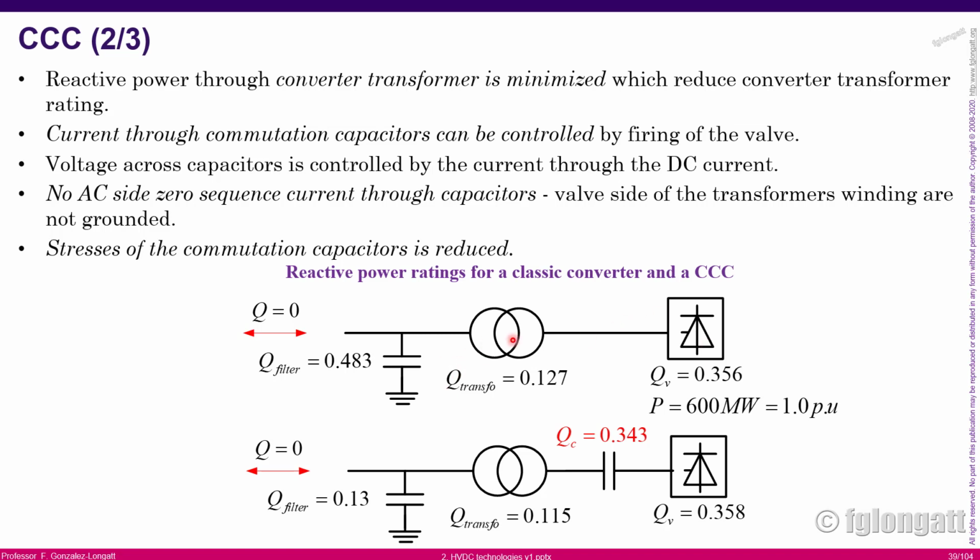The power transformer has some consumption of reactive power. Of course, there are some reactances over there. And in order to reduce the reactive power coming from the grid, we install some filters, and the filter must be around 0.483. As you can see, we need a very impressive filter over there.